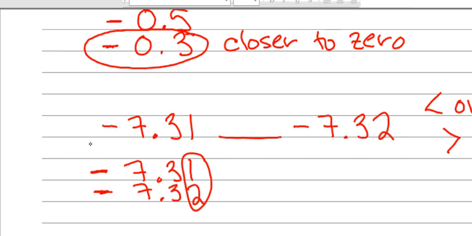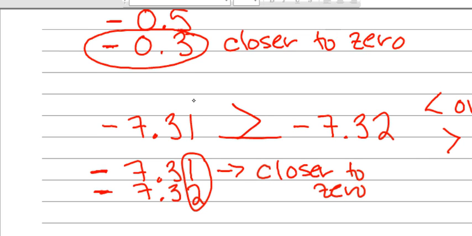If I put the negatives in, 7.31 is closer to 0. The smaller one is closer to 0. So that means it's greater than. Closer to 0, bigger.